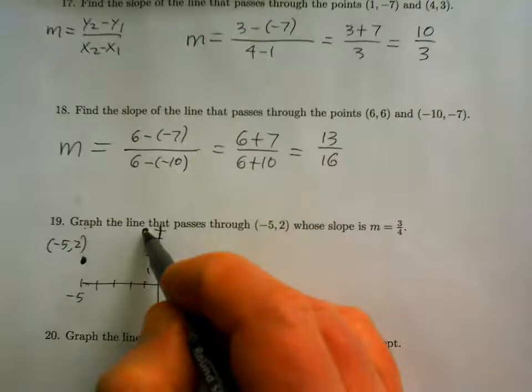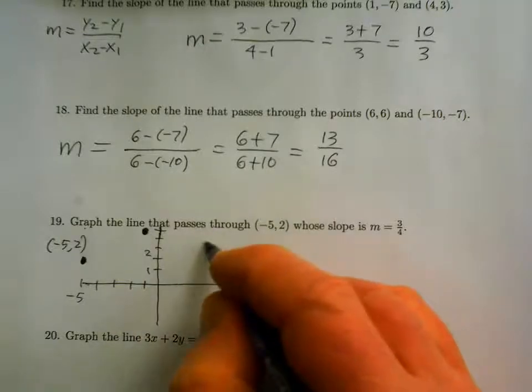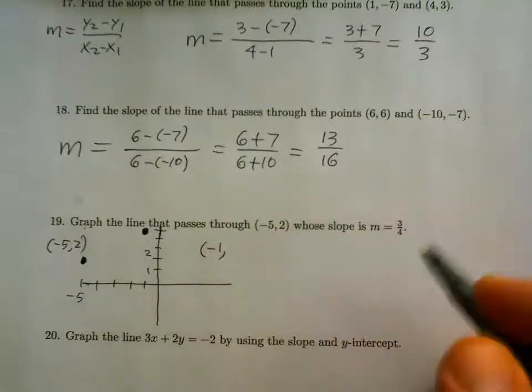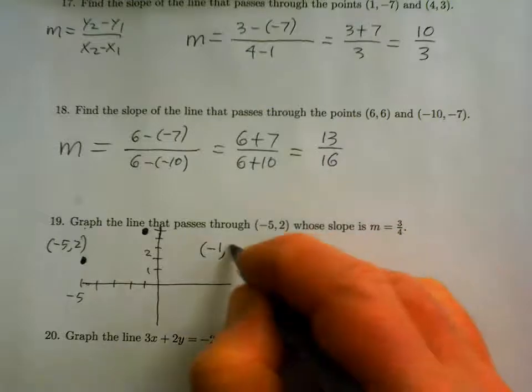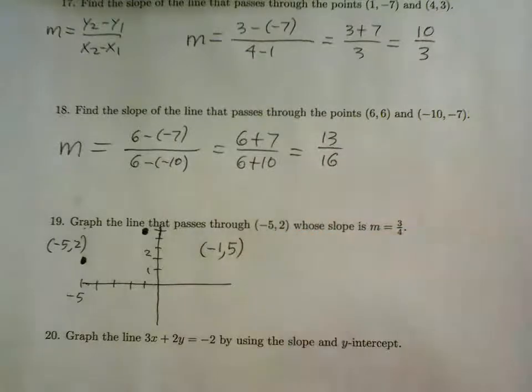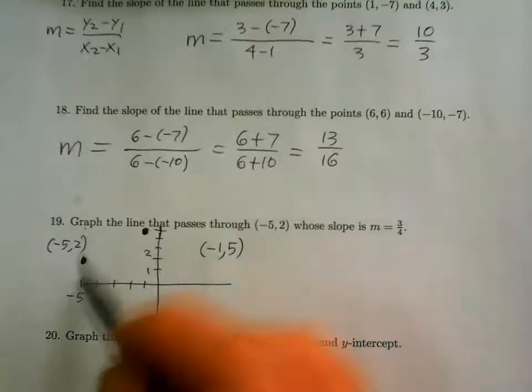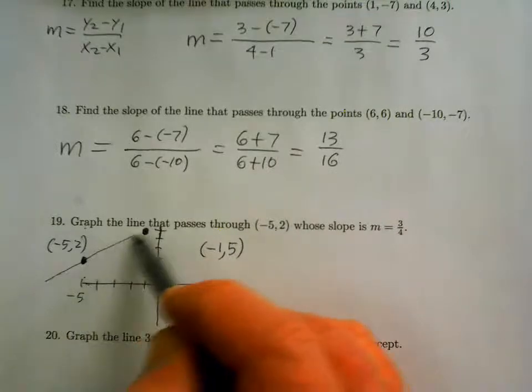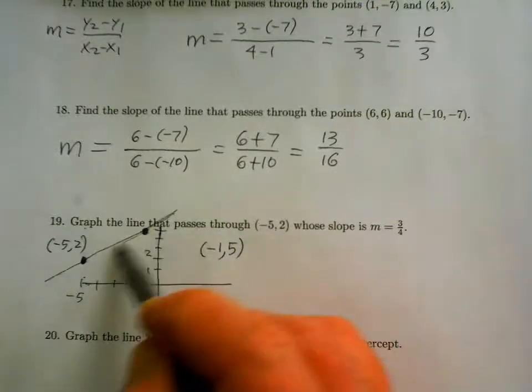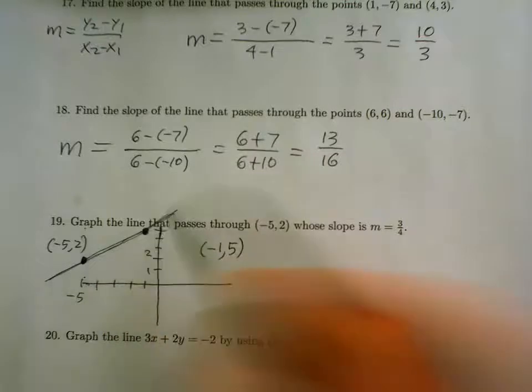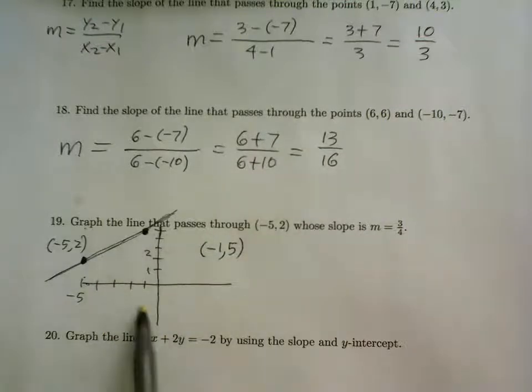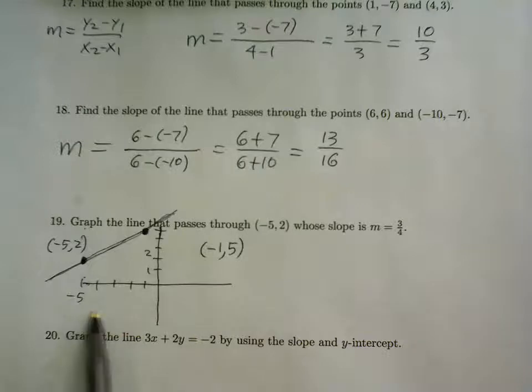So the ordered pair there is negative 1, 5. On the test paper, you'll have a little more room than what I have here. I could have made this better by moving it down a little bit.